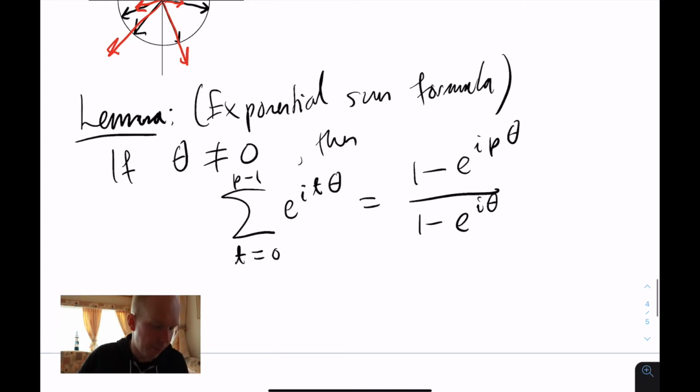So this is a lemma that we will be using a lot in this course. If you think about what this lemma gives, this is a basic thing about geometric progressions.